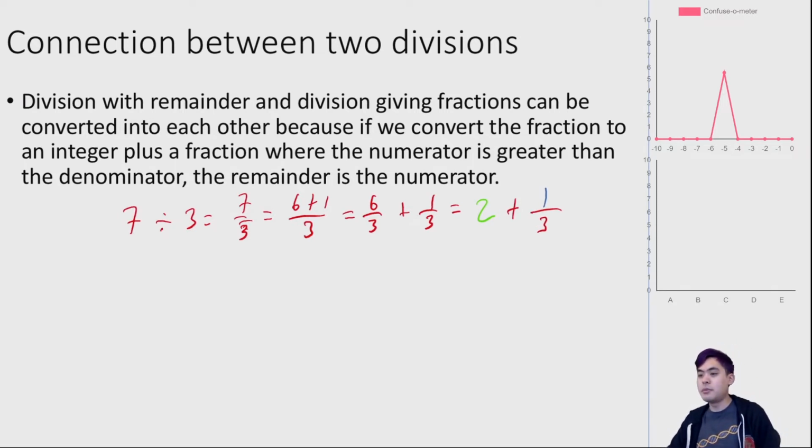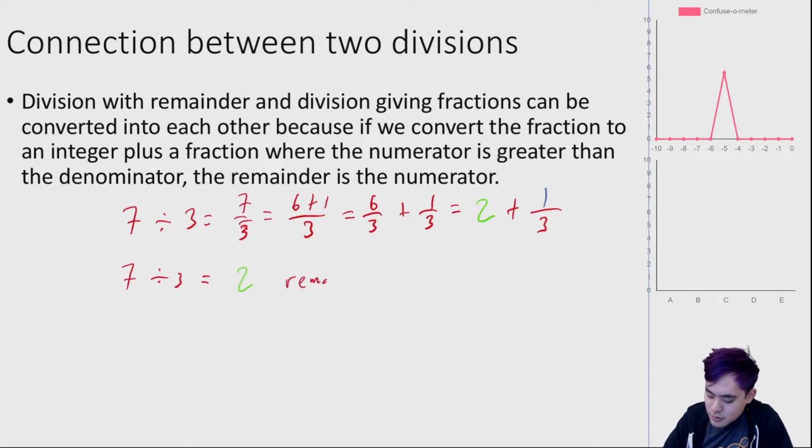So that's another way of writing 7 divided by 3. Alternately, if we just do 7 divided by 3, that's equal to 2 with a remainder of 1. And you can sort of see that these all make sense together because 7 is equal to 2 times 3 plus 1, or 7 thirds is equal to 2 plus 1 third.